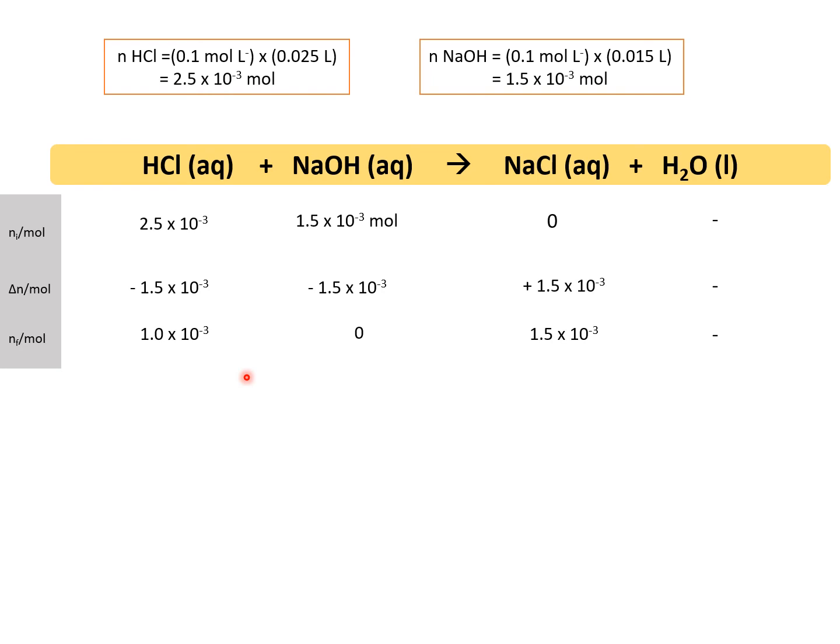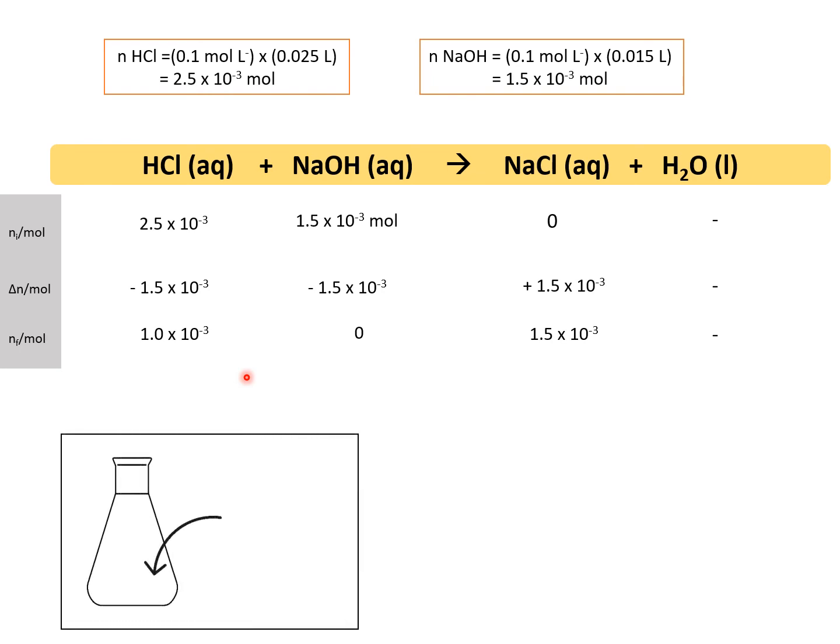Okay, now, so macam mana kita nak tentukan pH? Okay, pH adalah berdasarkan apa yang tinggal dekat dalam kita punya conical flask. So now, inside our conical flask yang kita ada sekarang dekat final adalah HCl dengan NaCl. Dua benda ni sebab these two species has number of mole.